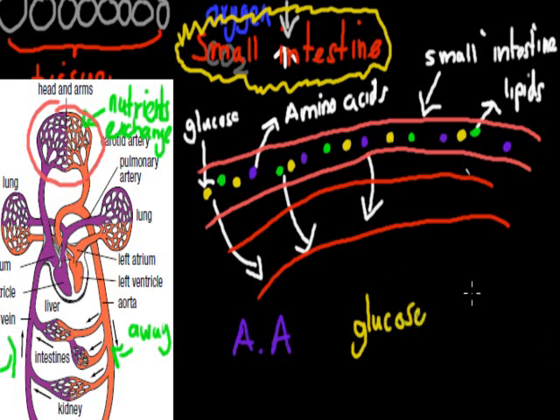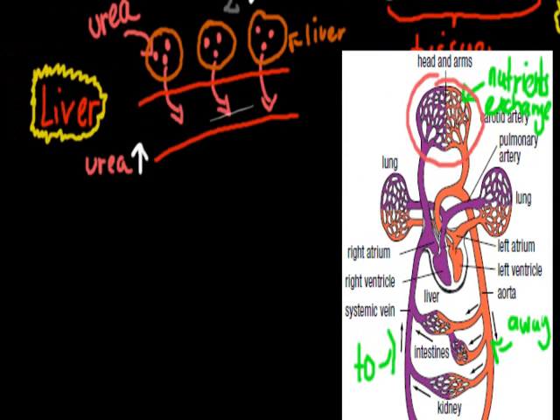And remember what happens to all of these in the blood? They will all increase as blood moves past the small intestine, because they go from the small intestine into the blood.